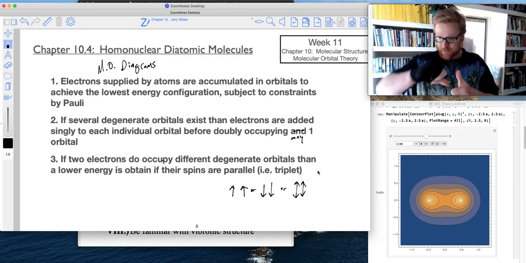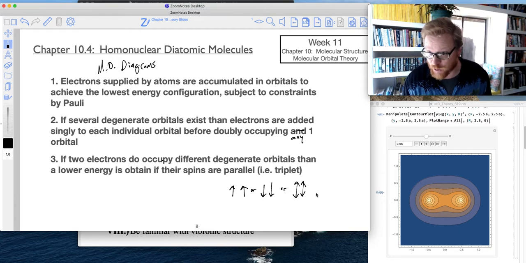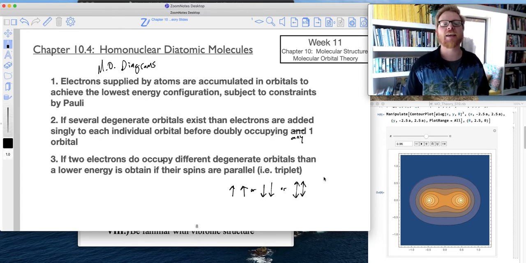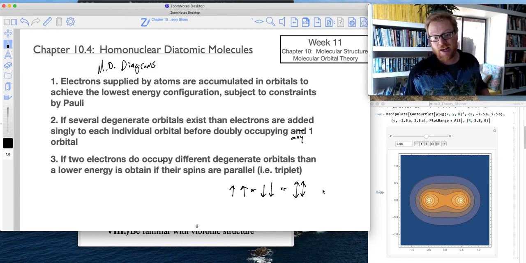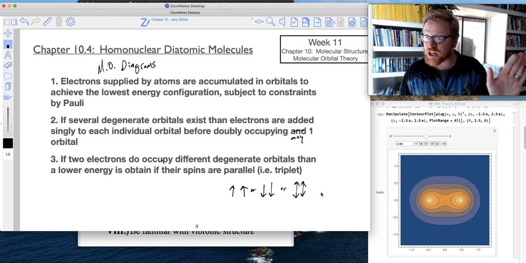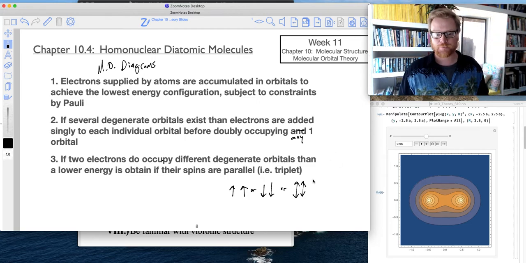You might expect 2 paired electrons being a singlet to be the lowest energy state. That's true if that's the only option for the electrons, if they both have to occupy the exact same orbital, then the lowest energy configuration will be achieved if they're singlets. However, if there are different degenerate orbitals that the electrons can spill over into, a triplet state will be the lowest energy state.